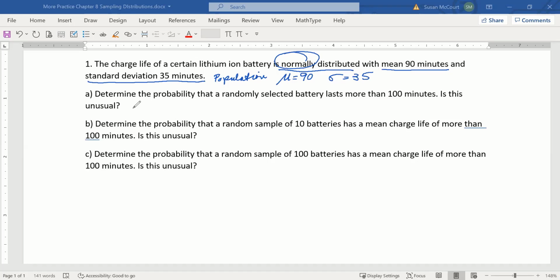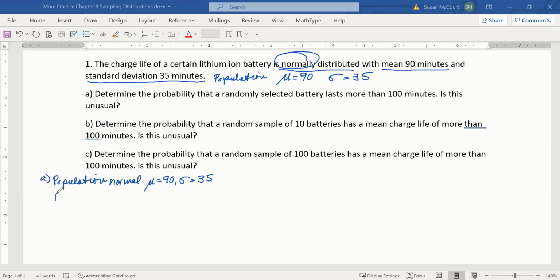Question A, determine the probability that a randomly selected battery lasts more than 100 minutes. Is this unusual? So we're working in the population that is normal, has a mean of 90, and standard deviation 35.